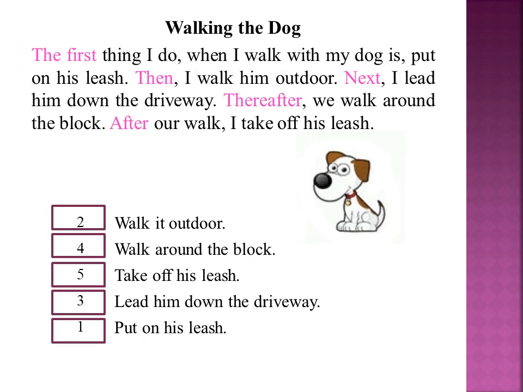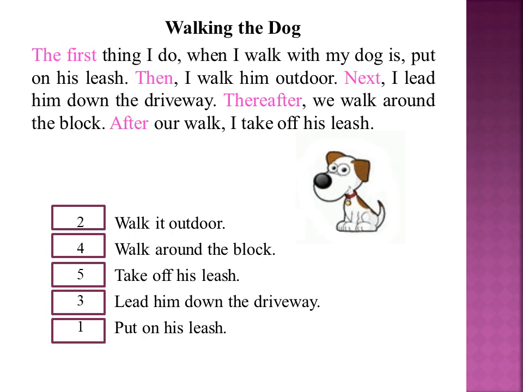Hope you have numbered the sentences. What is number 1? Have you put number 1 to put on his leash? Then you are correct. What should be number 2? Is it walk it outdoor? Correct. What about 3? Is it lead him down the driveway?